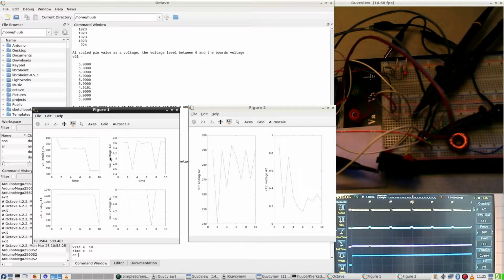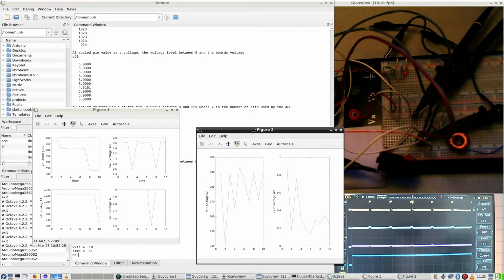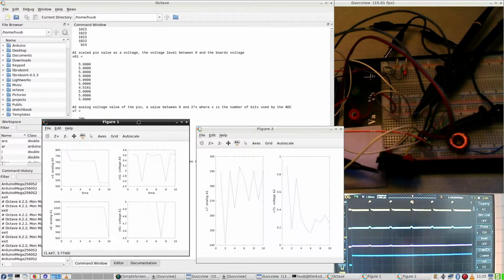This is very different. So if we recall, voltage level between 0 and the board voltage, which is nominally 5 volts. Then the voltage varies between 2.6 and 3.6 volts. While the analog value is a value between 0 and 2 to the power something. And if I recall correctly, it is 7 bits.